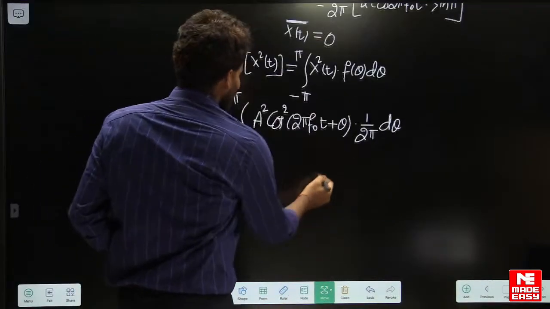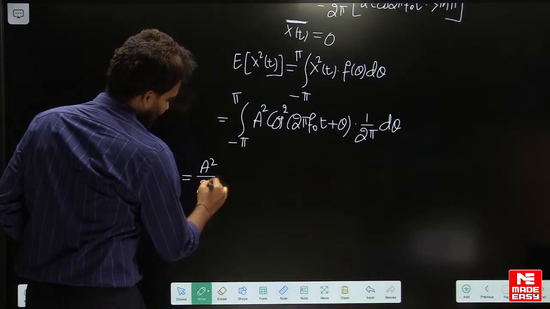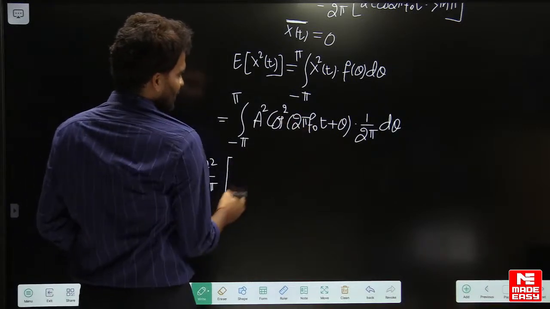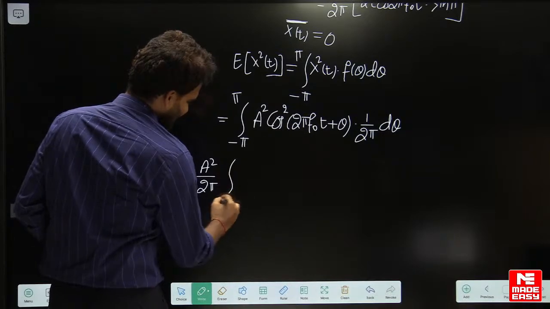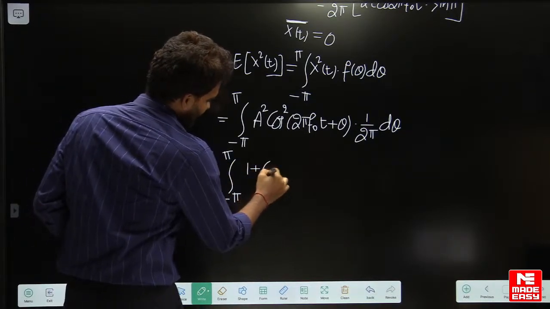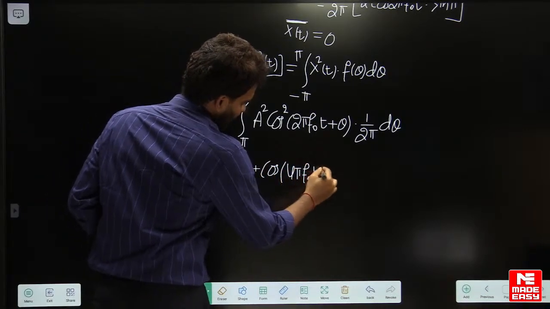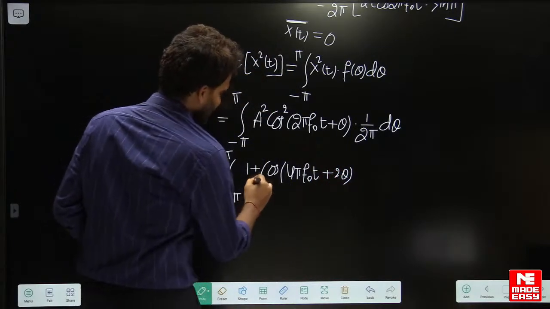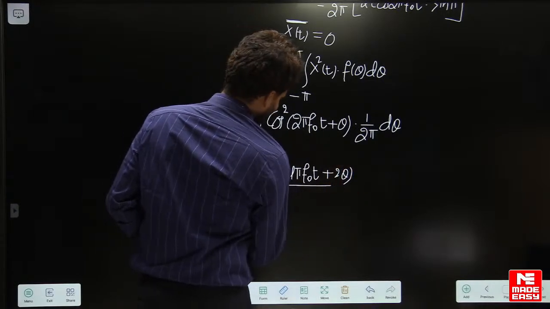A square by 2 pi you can take outside. Cos square is 1 plus cos 2 theta by 2, so this is 1 plus cos of 4 pi f naught t plus 2 theta, by 2.